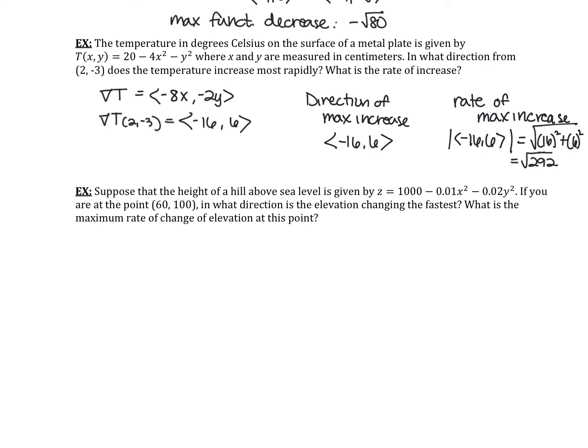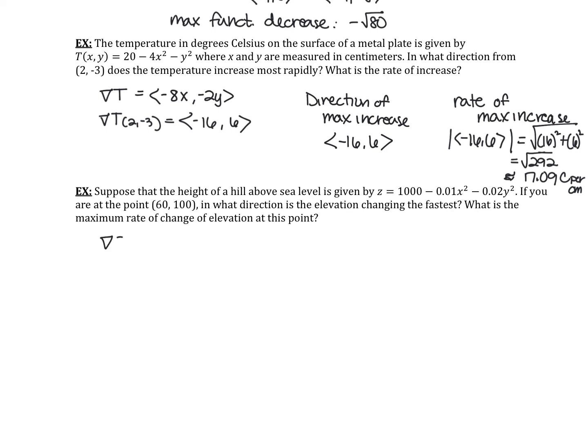But we're dealing with temperature, and most of us wouldn't offer up temperature as a square root. So we can simplify this as 17.09. And this would be in Celsius, and this would be per centimeter because the x and y values were in centimeters. So 17.09 Celsius per centimeter. All right, hit pause and try this last one.